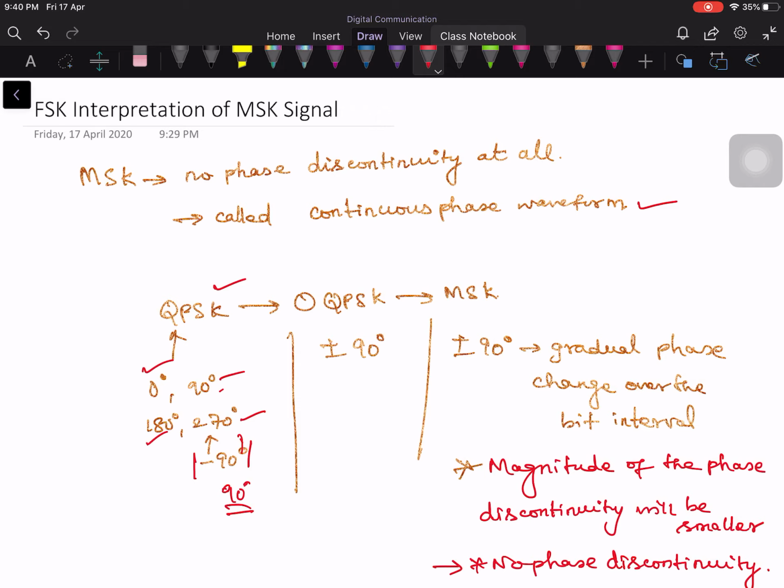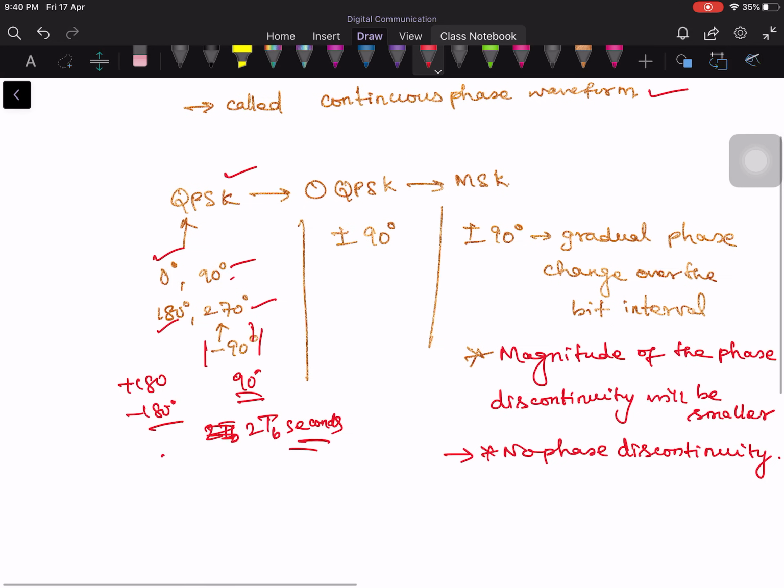Therefore, at the max we have plus 180 degree or minus 180 degree phase shift occurring in QPSK at every 2 TB seconds, or at every T seconds, where T is the symbol interval. This is called a symbol interval, right? Now, there is amplitude distortion and amplitude discontinuity, so all these problems are coming.